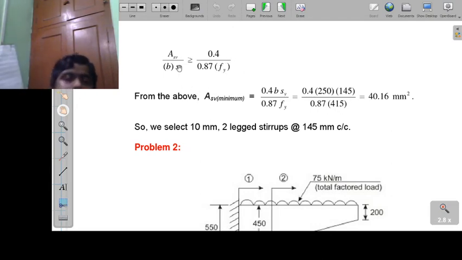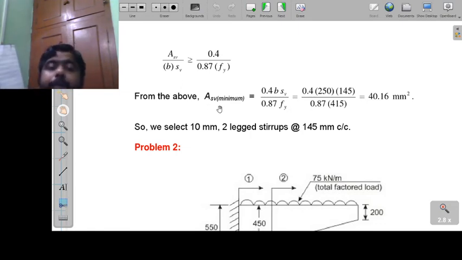So, what should be the minimum Sv? Minimum Sv will be equal to Asv. You can calculate Asv from here, or the other way also, you can calculate Sv here. Both we can do.